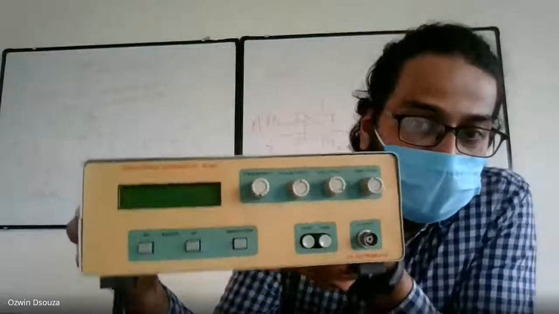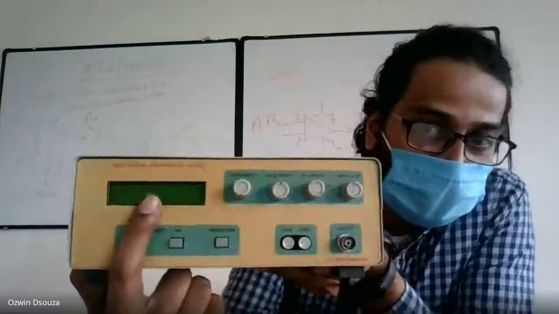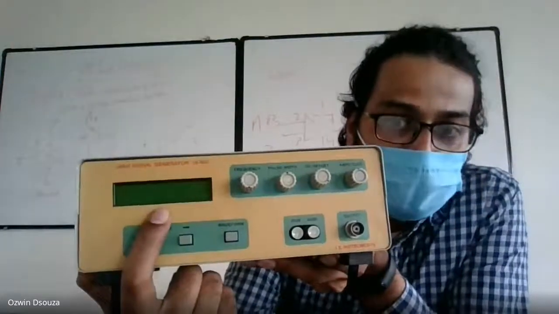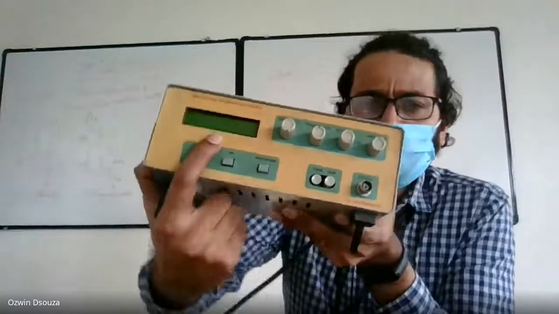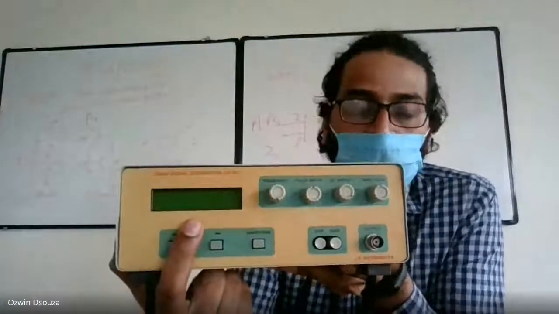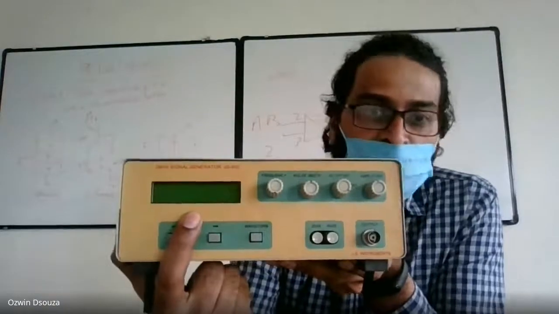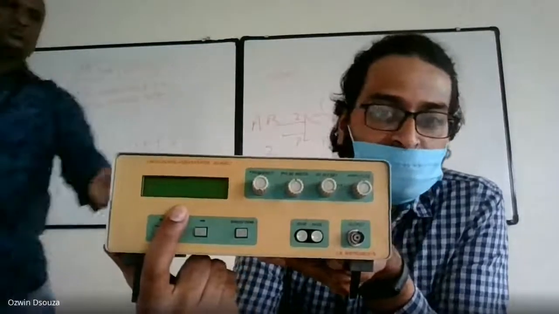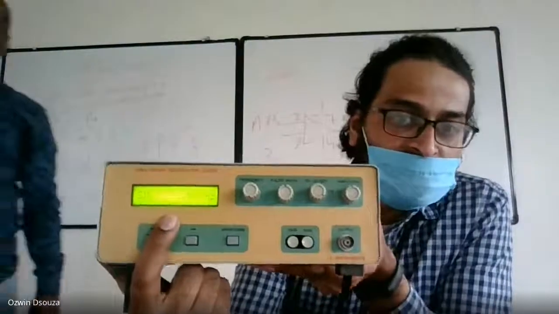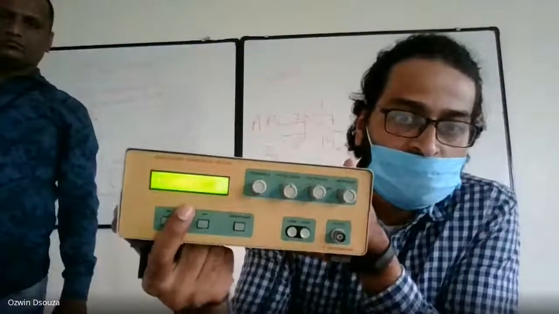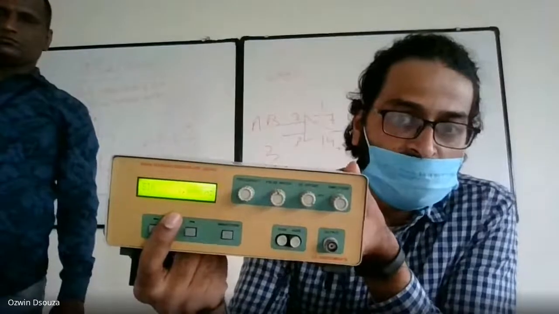This AC source consists of a display. This display helps you observe the amplitude of the signal, the frequency of the signal, and so on. As you can see here, sir has turned on the display.